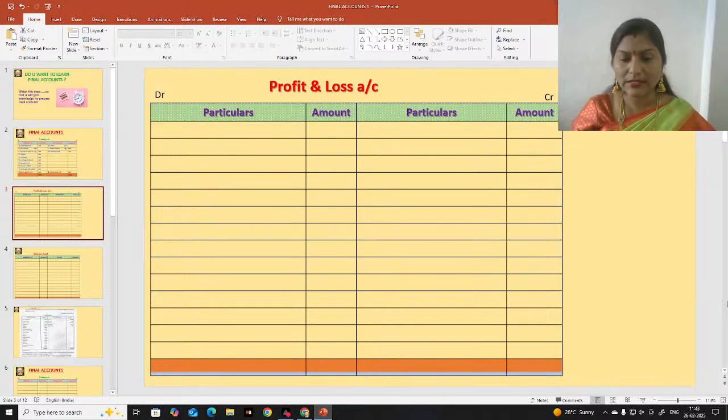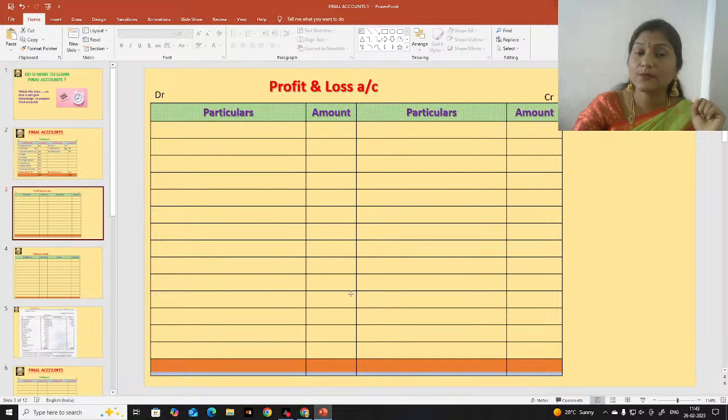Let us prepare this profit and loss account, and let us learn what actually are the items that are going to appear in profit and loss account. Whenever we prepare the profit and loss account, first we should record the date on the top, if it is given in the question.